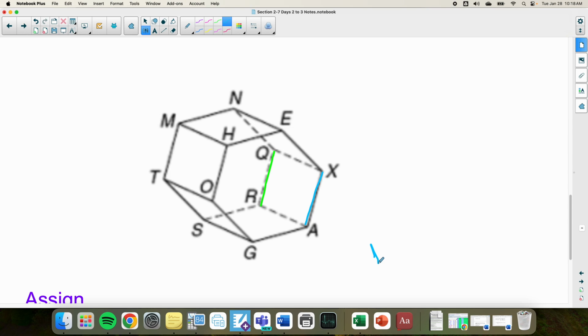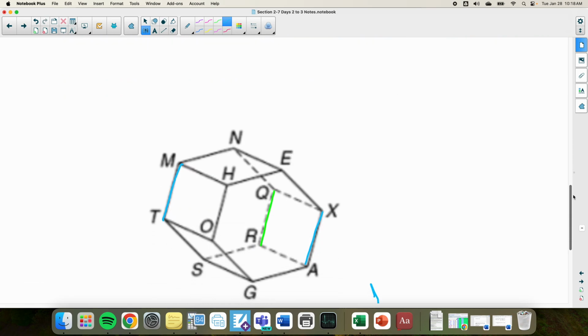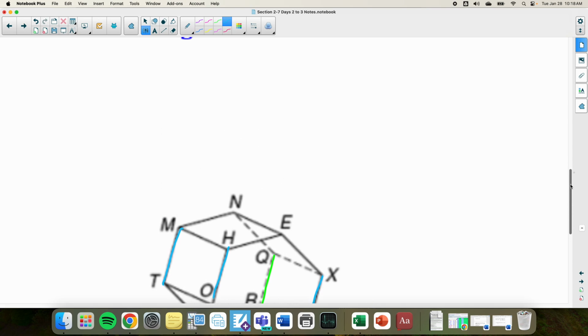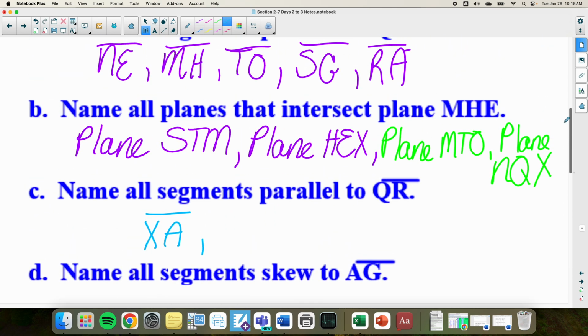So for parallel, they can't touch, and NQ touches that one. MT. MT is correct. And HO. Those four. Do you see it now that those are the four? Okay. So we have XA, and then we have MT and HO.